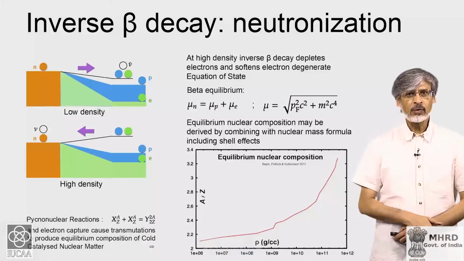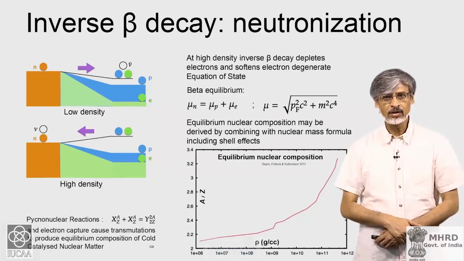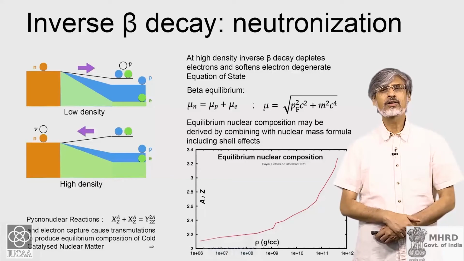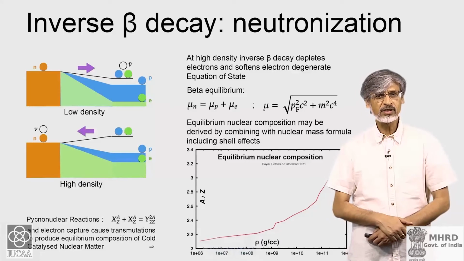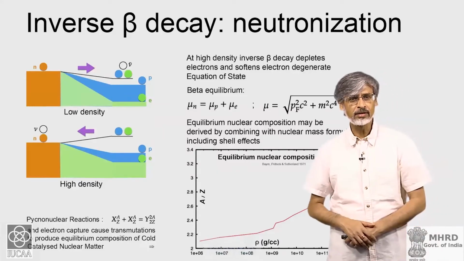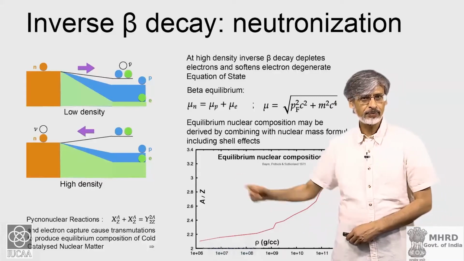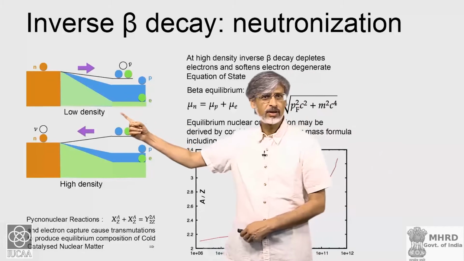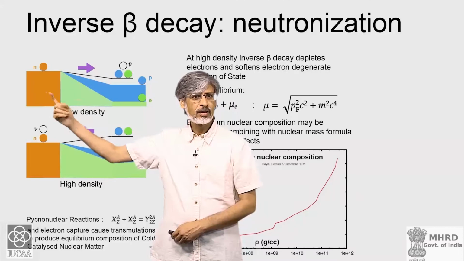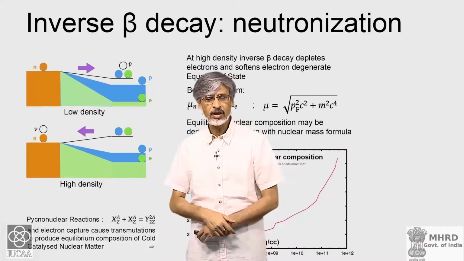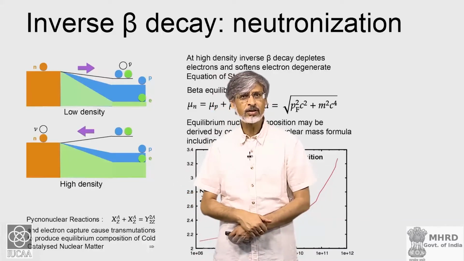This process where an electron is captured into a proton is called inverse beta decay, or neutronization of matter. The process is schematically explained in the diagram here on the left. At lower densities, if we have a free neutron and leave it in space, the neutron decays into a proton, an electron and an antineutrino.